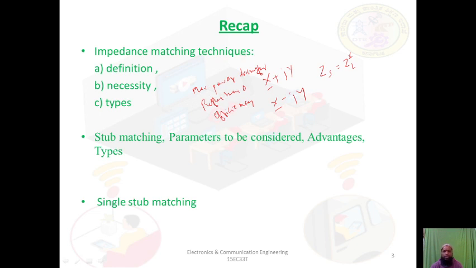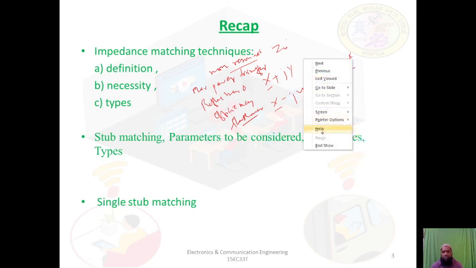And if the line is matched, then we avoid flashovers due to Vmax. Also, if the line is matched, it will be a non-resonant line. That is, Z0 will be fixed for any frequency. So these are the reasons why we require impedance matching.